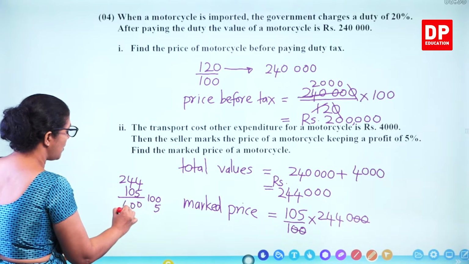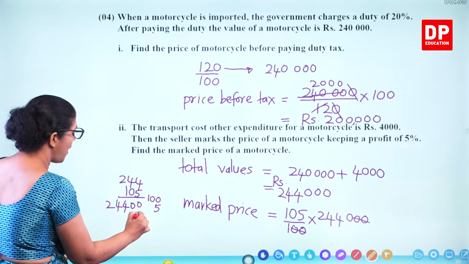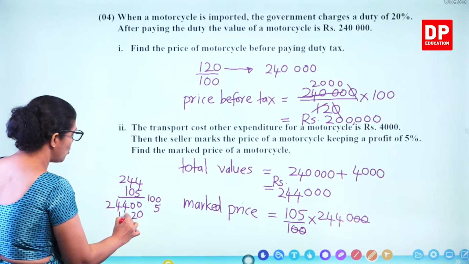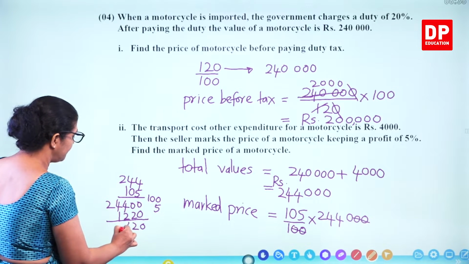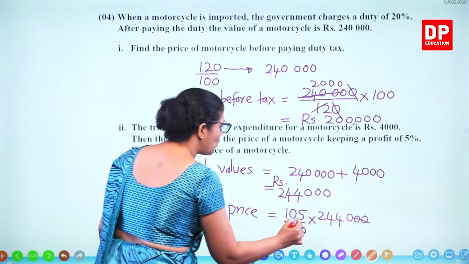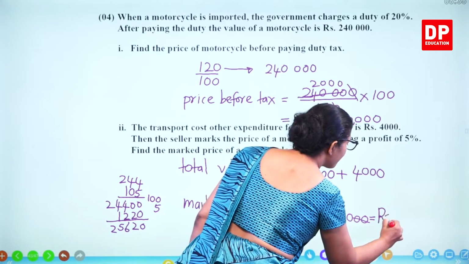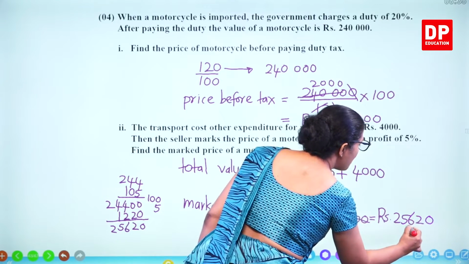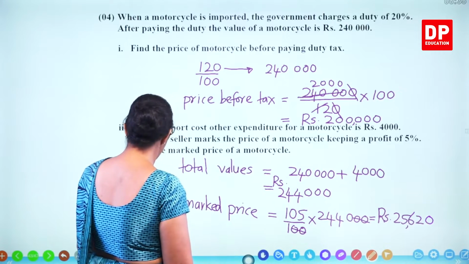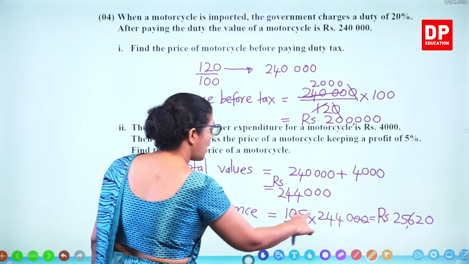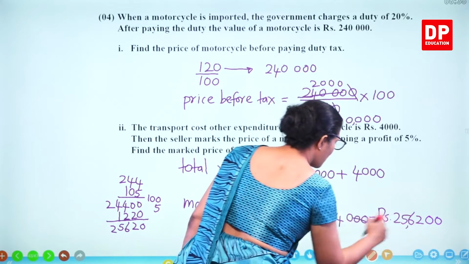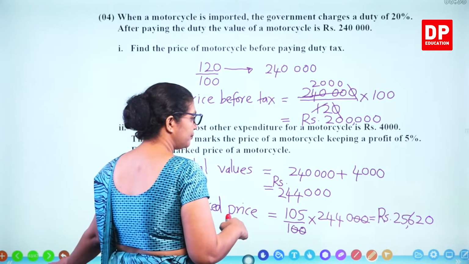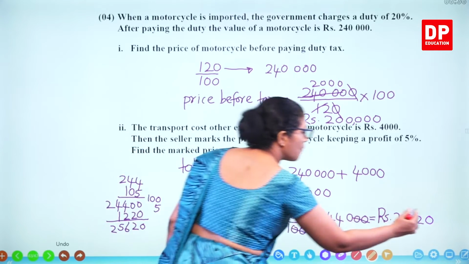Multiply by 5 first: 5 times 4 is 20, 5 times 4 is 20 plus 2 is 22, 5 times 2 is 10 plus 2 is 12, so 1220. Then multiply by 1 and add, giving 2, 5, 6, 2, 0, and put the zeros there.